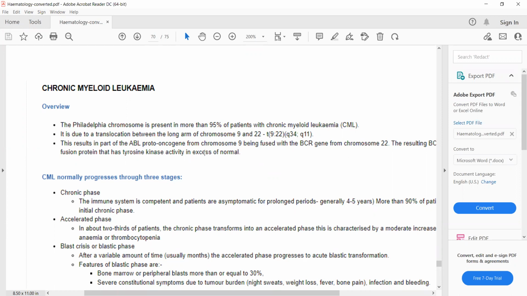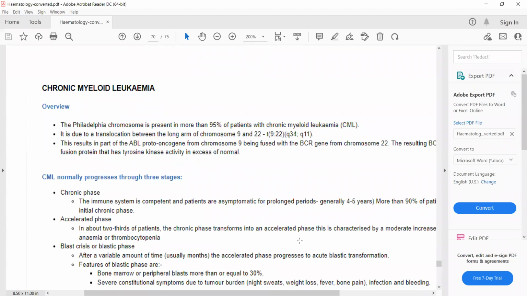What is a Philadelphia chromosome? Philadelphia chromosome is a translocation between the long arm of chromosome 9 and 22. The ABL proto-oncogene from chromosome number 9 is translocated to chromosome number 22 and fused with the BCR gene.